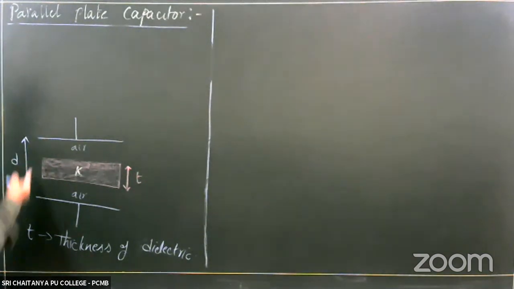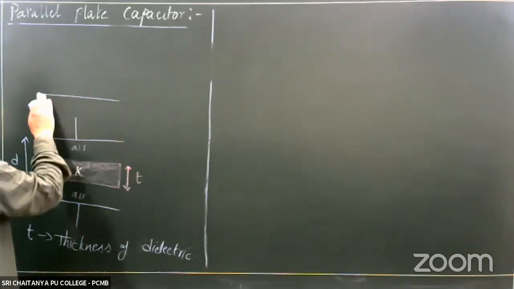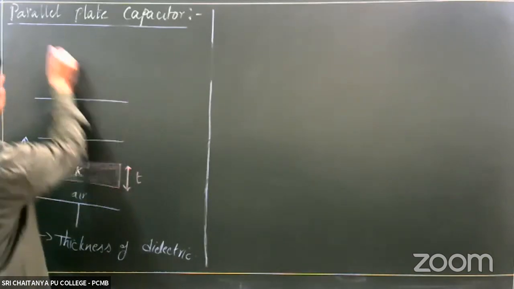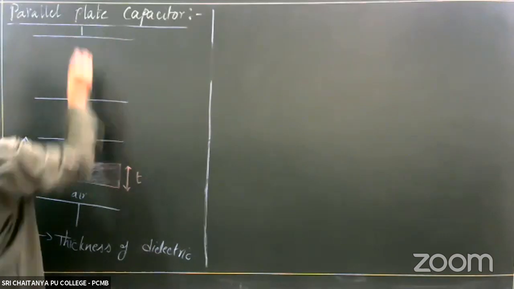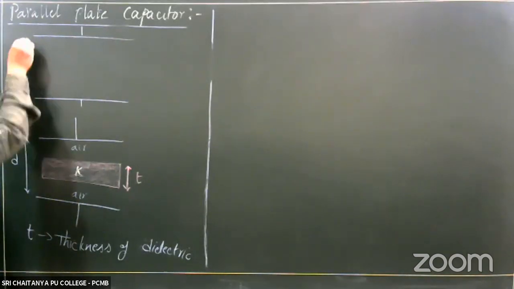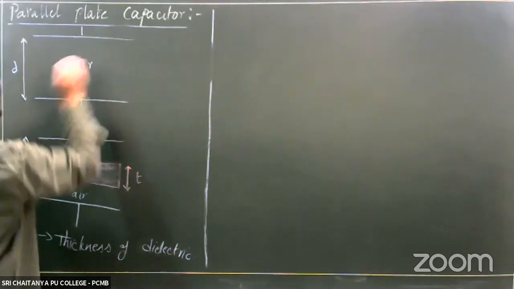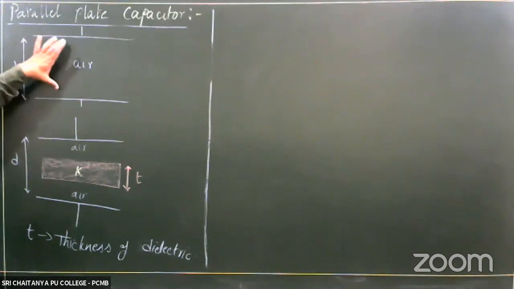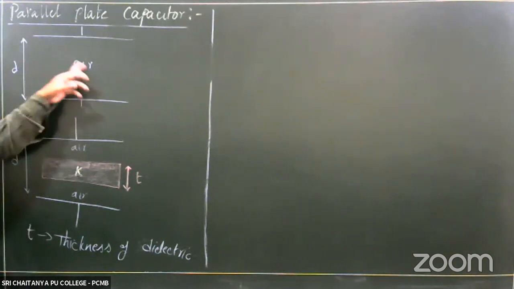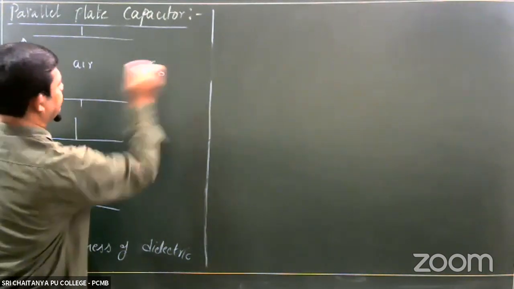See, initially the plate separation is D. Air is the dielectric. Here the capacity is C naught now.